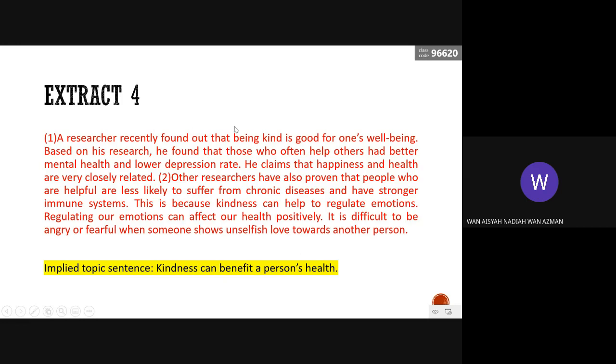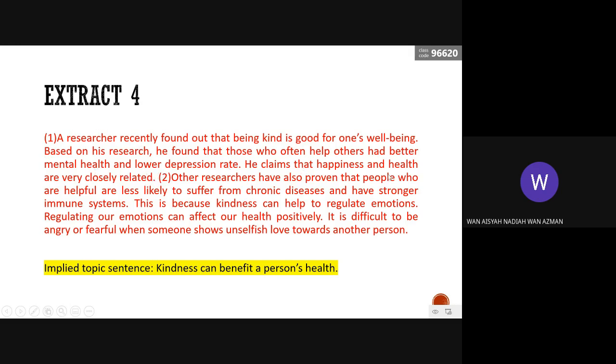For the supporting details, we have only 2 supporting details in this extract. The first one would be: a researcher recently found out that being kind is good for one's well-being. And this one is just more details regarding the supporting detail, so we assume this as one supporting detail.